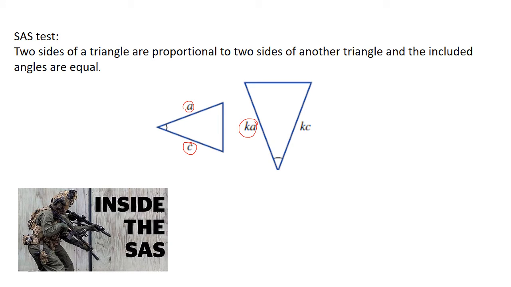Side C is K times bigger on the second triangle, and the included angle is the same in both triangles. So the sides on either side of the included angle are proportional, and that's the SAS rule.